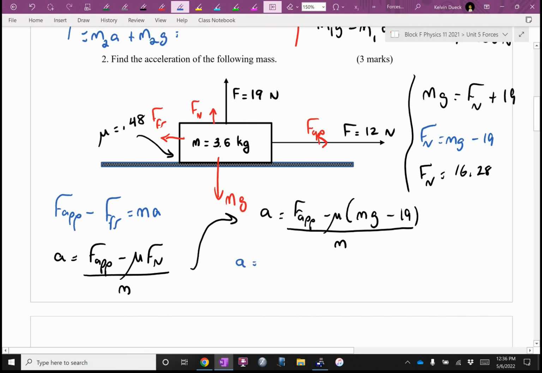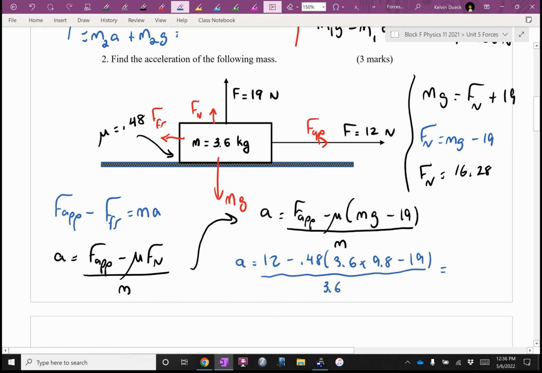I always kind of like to see if I can just type once on my calculator and go to an answer and be done. So it's going to be 12 minus 0.48 times, bracket, 3.6 times 9.8 minus 19, all divided by 3.6.